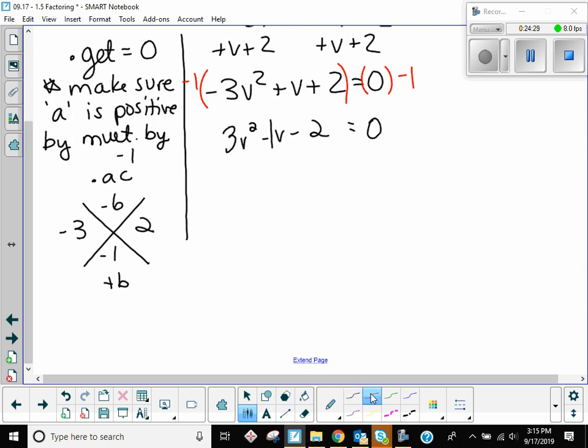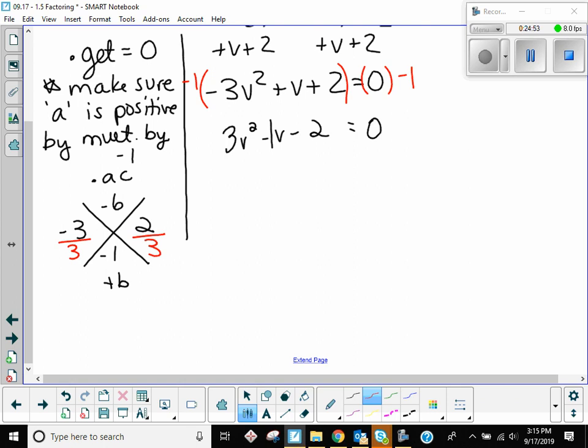So in red, I'm doing the divide by a step. A is 3. And now I have these 2 fractions, and I want to simplify them if I can, and one of them does. Which one of those fractions simplifies? The left one or the right one? The left.